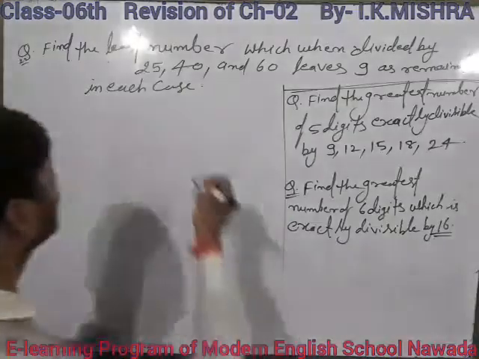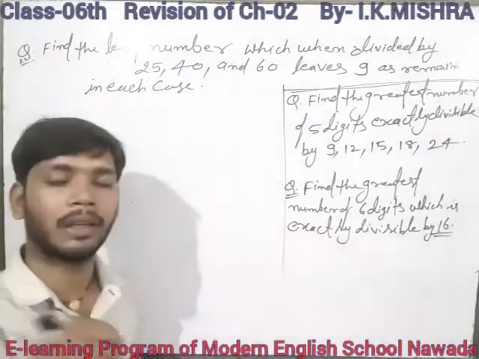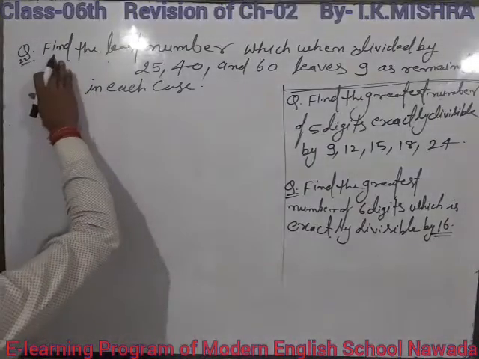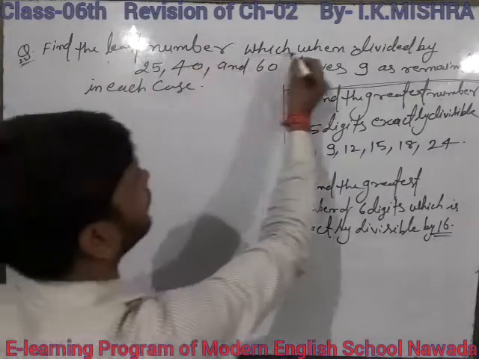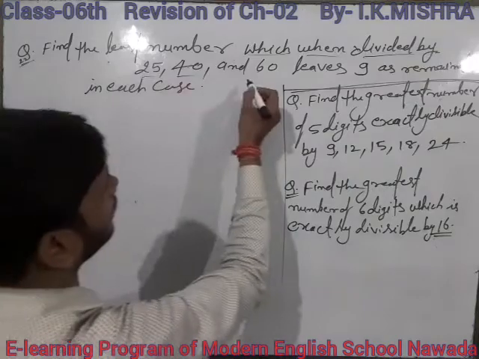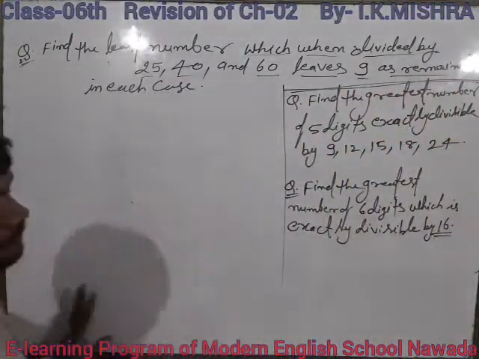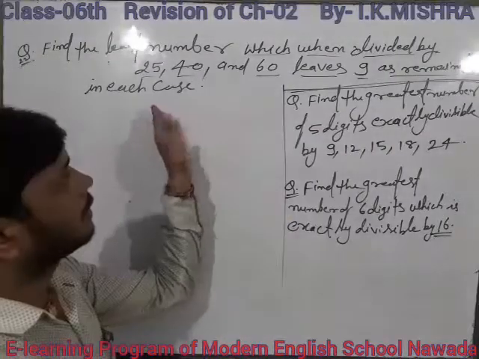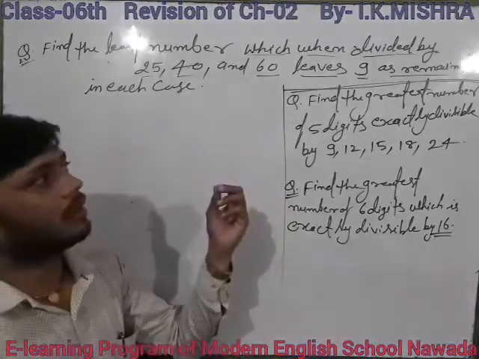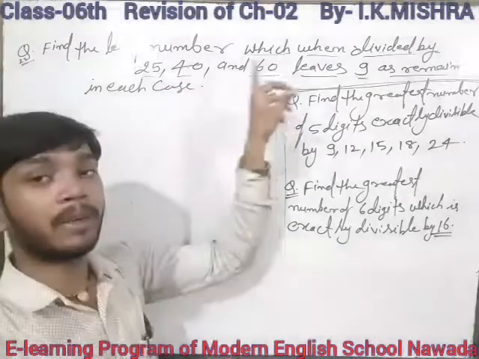Question number 22 is given in exercise 2E of RS Aggarwal. Find the least number which, when divided by 25, 40 and 60, leaves 9 as remainder in each case. So students, find the least number that is divided by all of these numbers and then the remainder is 9.